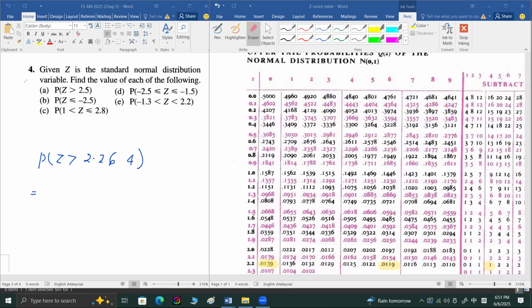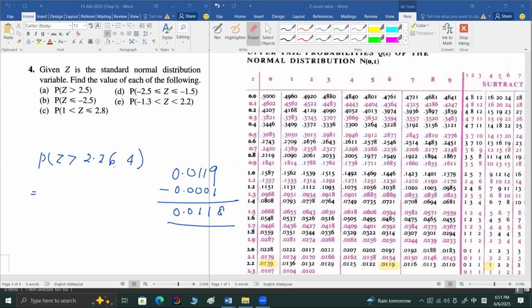What do I mean by behind? You get 0.0119, so under the 4 here is 1, right? So you subtract behind. So the answer is 0.0118.